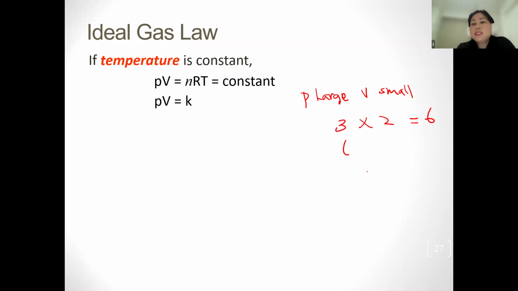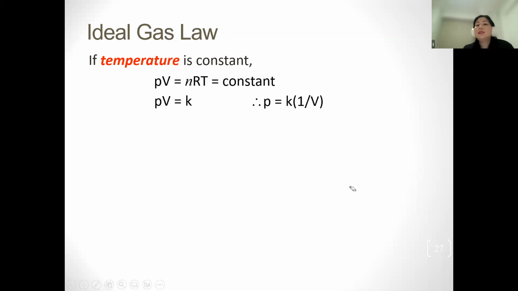If P is 6, so P is large, then V has to be small in order to give you back 6. If P is small, then V has to be large in order to give you back 6. So what we can see is that P and V are inversely related. When P is large, V has to be small. So the relationship is P equals K over V.